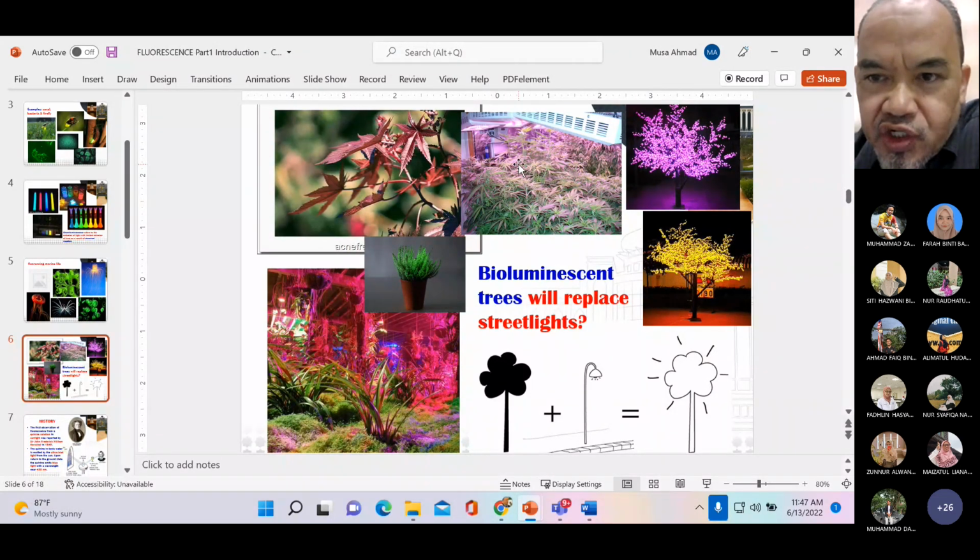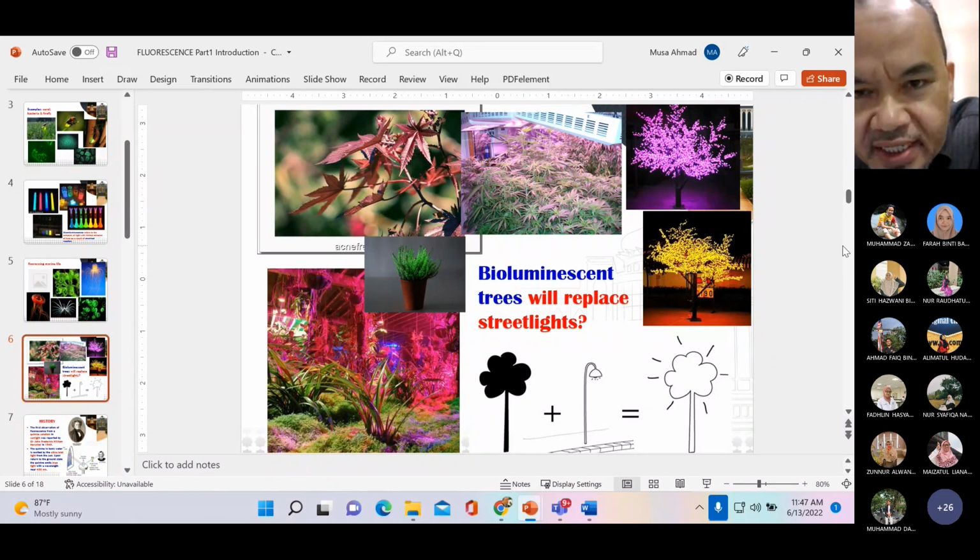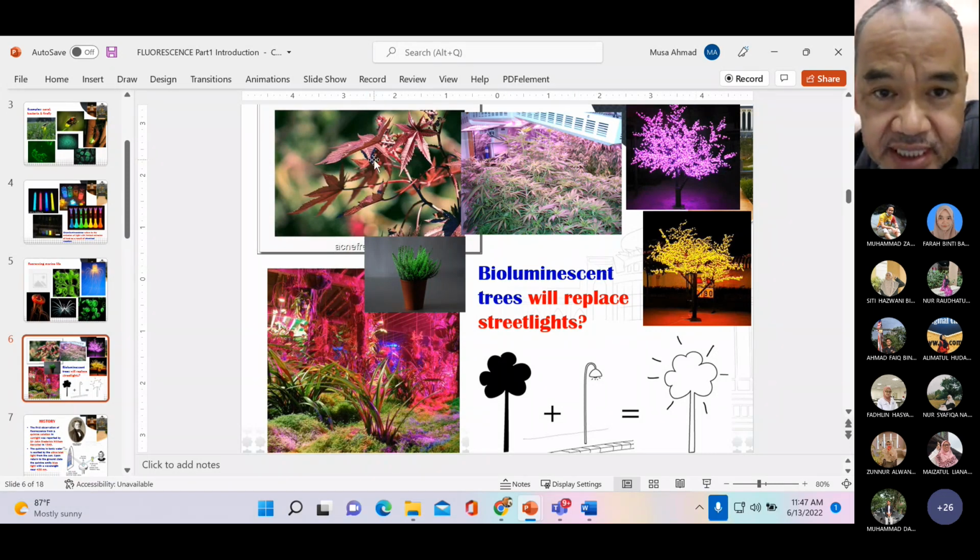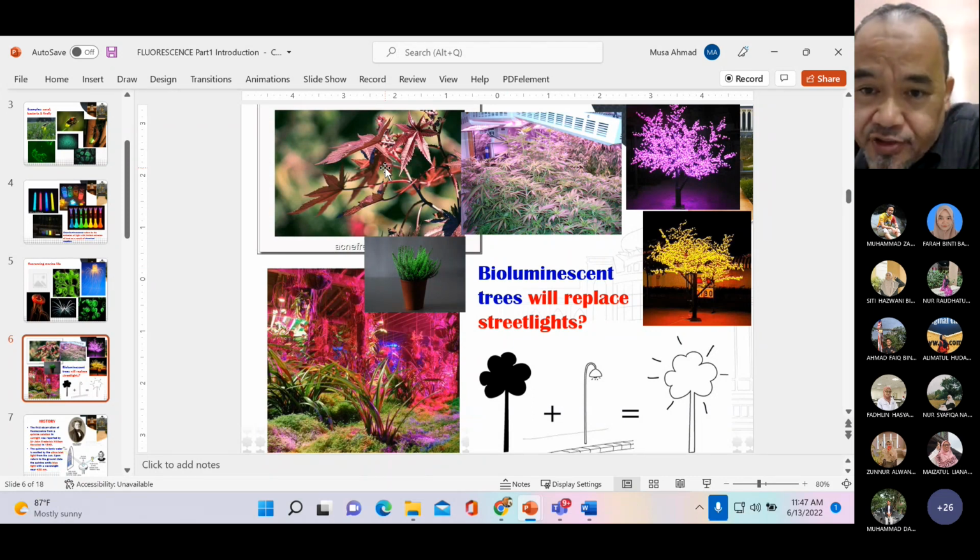So when you show the UV light, okay, so the what you call it, the leaf, okay, it's become like this, very colorful, which is very nice. And maple trees is the example of the tree, okay, that can fluoresce, and many others here, okay. And these two actually, just the ornamental lampu hiasan dekat tepi jalan, okay.